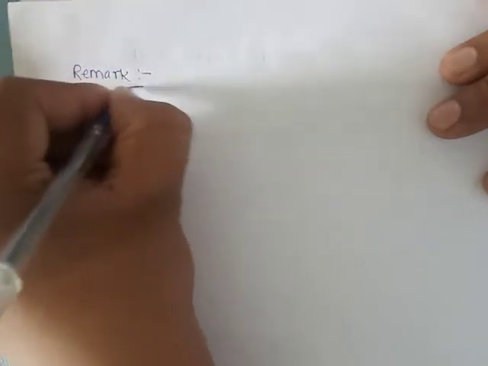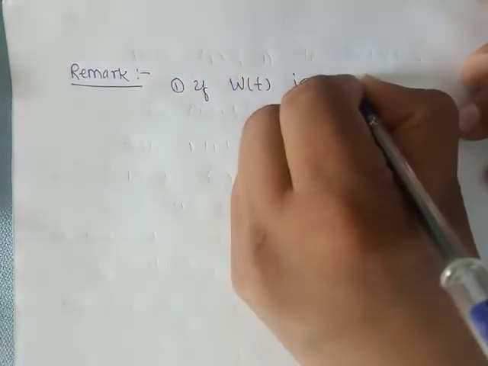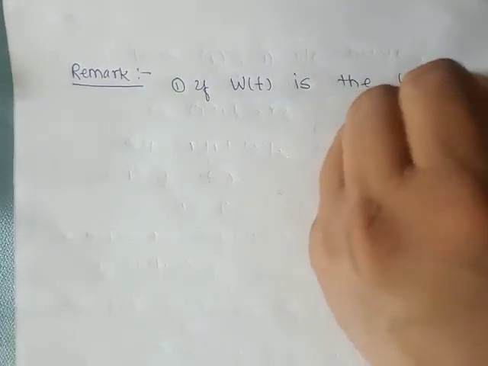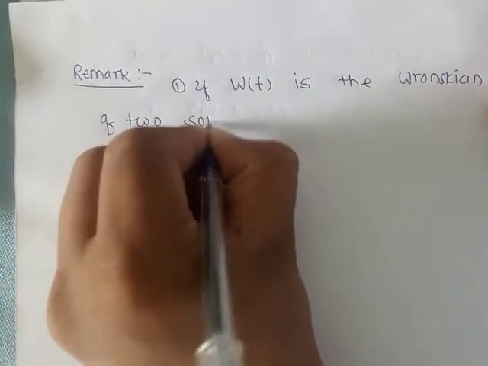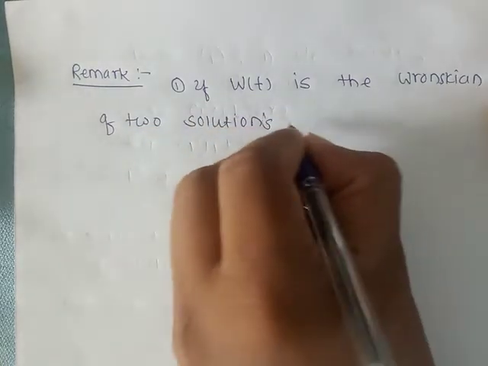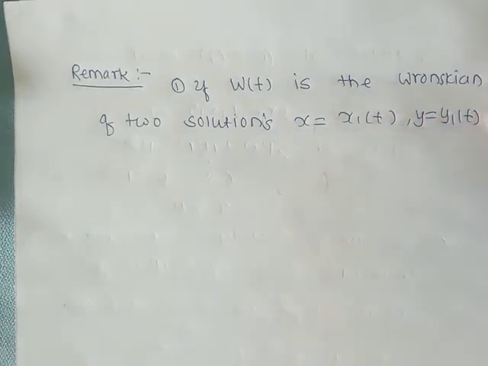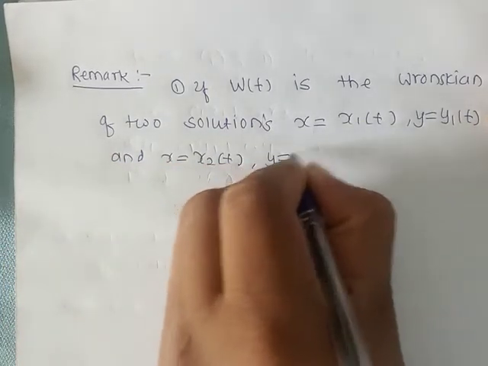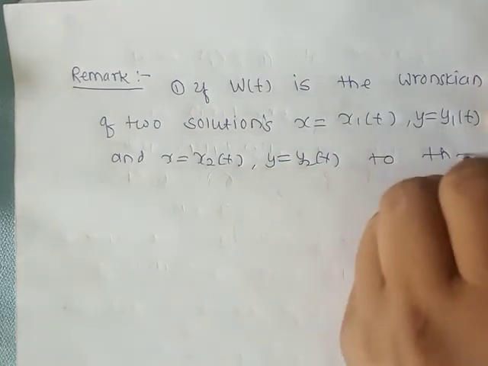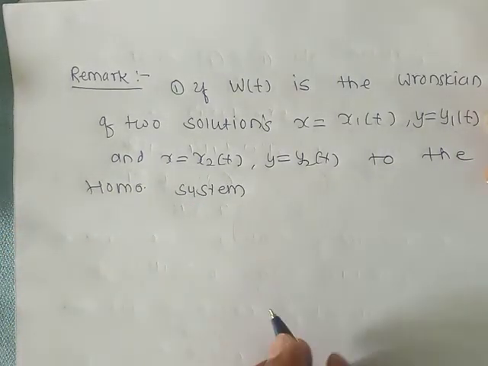Now we have a remark. If W of t is the Wronskian of two solutions x is equal to x1 of t, y is equal to y1 of t, and x is equal to x2 of t, y is equal to y2 of t, to the homogeneous system 1.